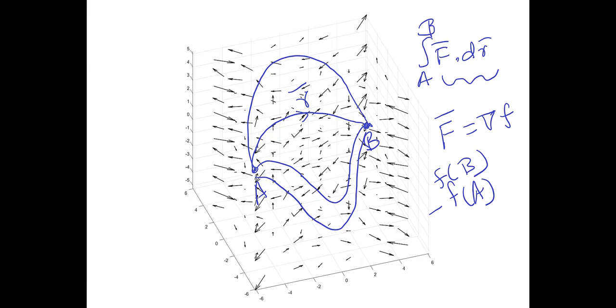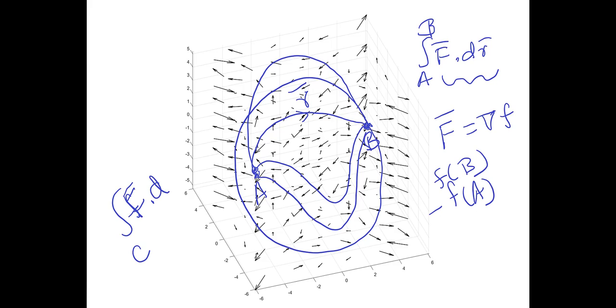So in this case, it doesn't matter which path you take, the work done will be the same. Or in other words, if you take a line integral along a closed path, that will become f(B) minus f(B), that is 0. So whenever you are taking F dot dr along a closed path, that will always come out to be 0 for a conservative vector field.